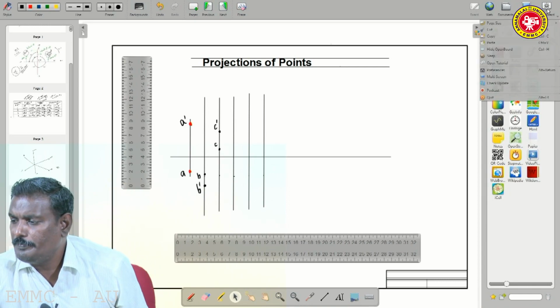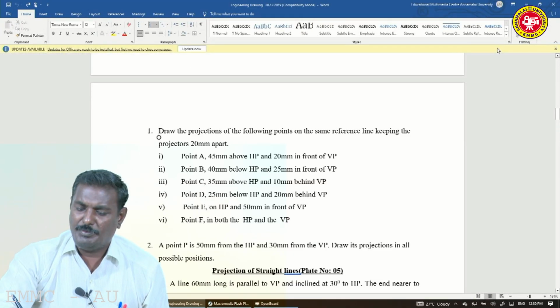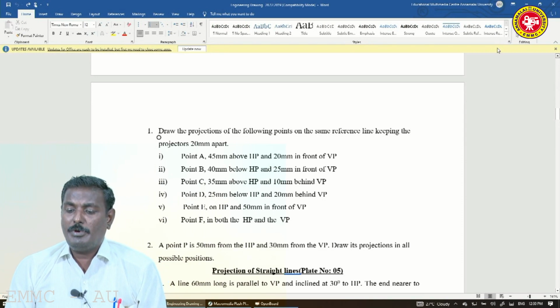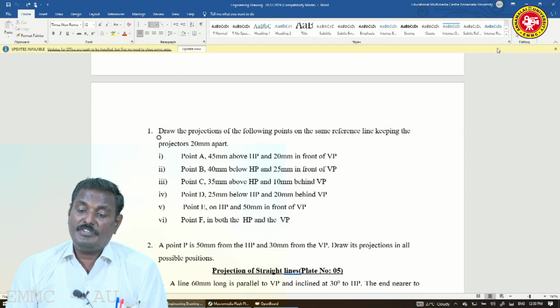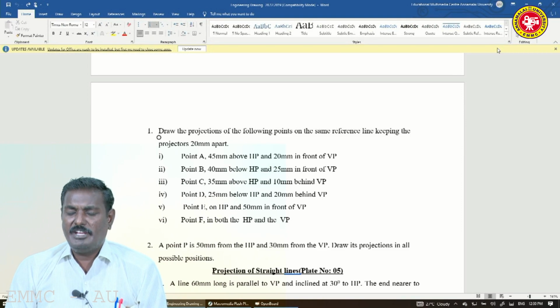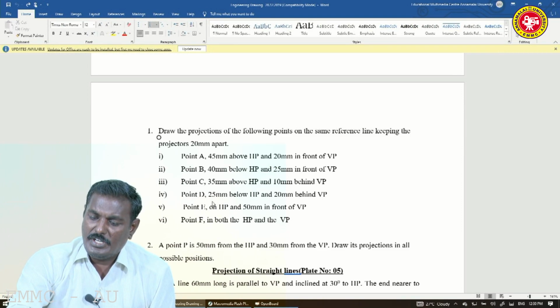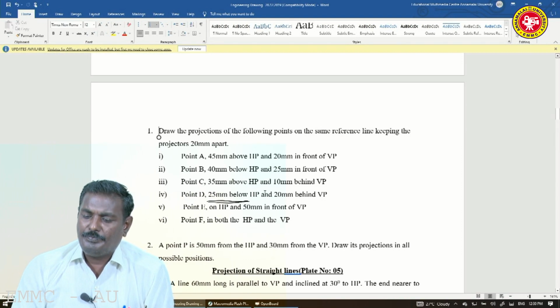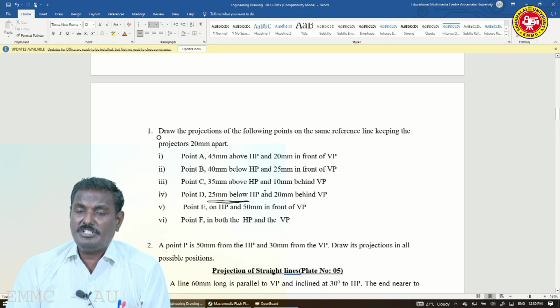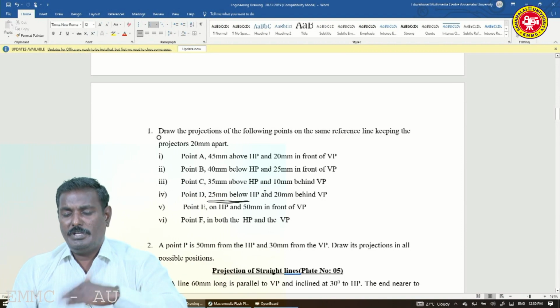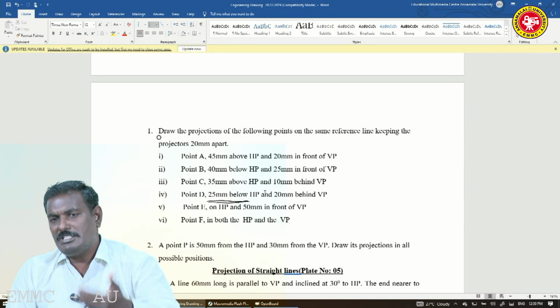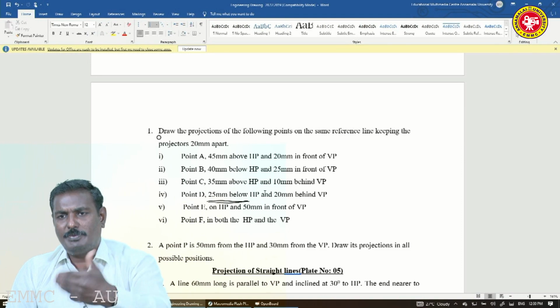Yeah, next problem, next subdivision D, 25 mm below HP, 20 mm behind VP. Try to see here, 25 mm below HP, 20 mm behind VP. Behind VP means above XY, and 25 mm below HP, below.